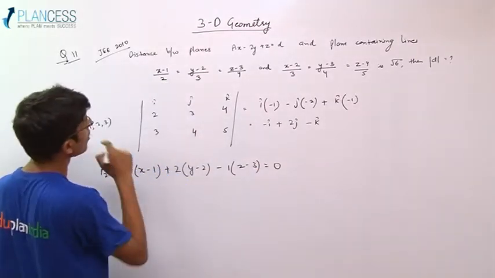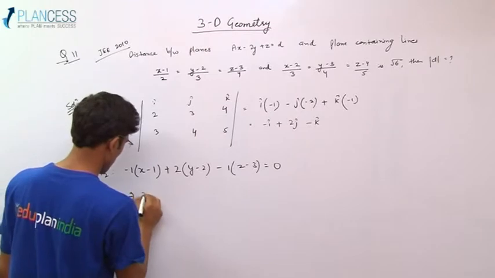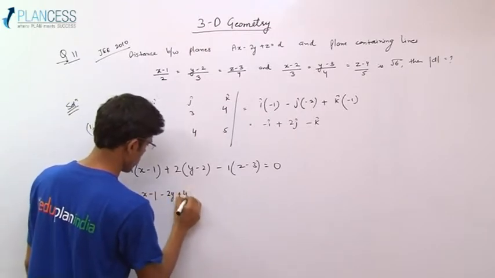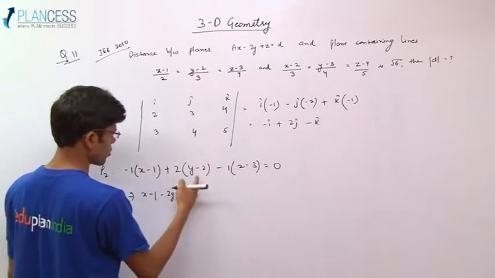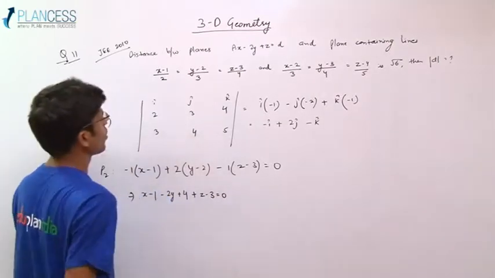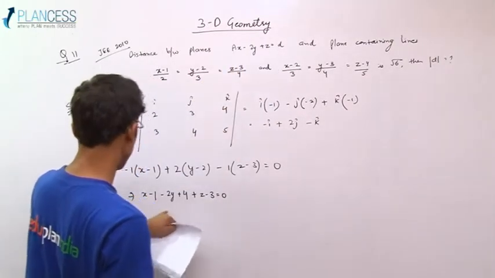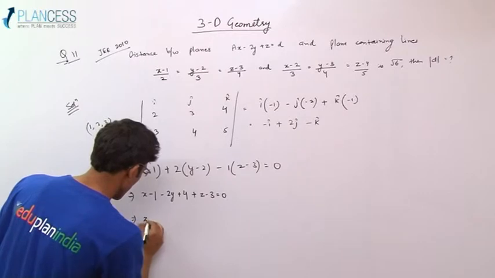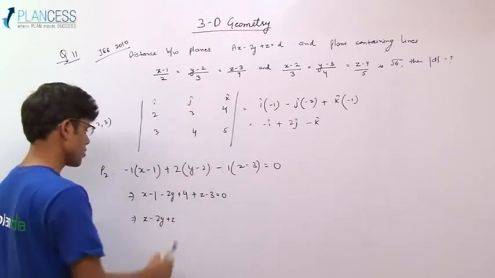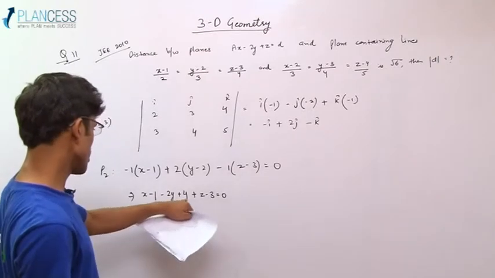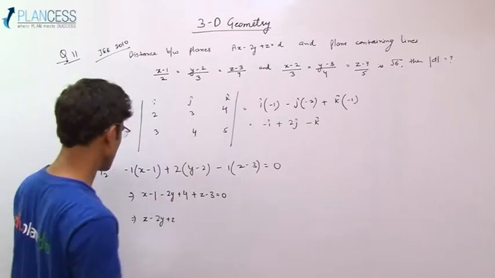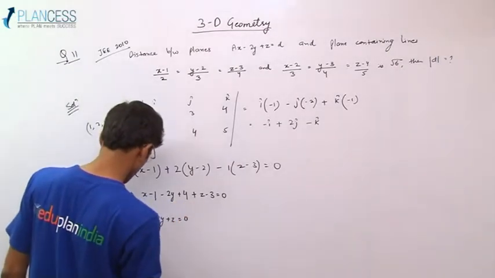So this is x minus 1 minus 2y plus 4 plus z minus 3 equals 0. Now let's write it in proper format: x minus 2y plus z, minus 1 plus 4 is 3, 3 minus 3 is 0, so this is 0.